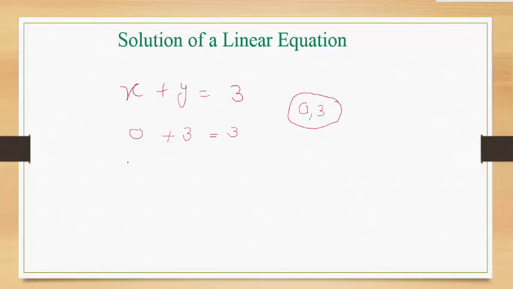And if x is 1 and y is 2, then this again satisfies the equation x plus y equals 3. So x equals 1 and y equals 2 is the solution. Now if x is 4, then y equals minus 1. This again satisfies x plus y equals 3.